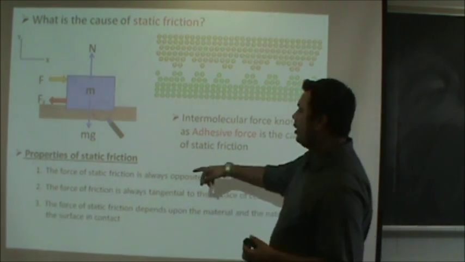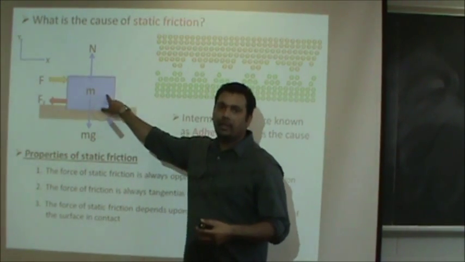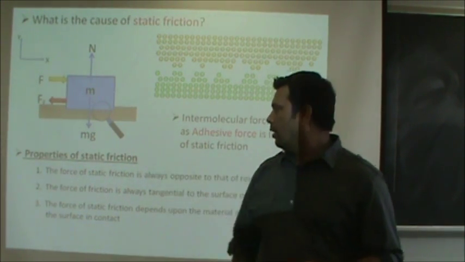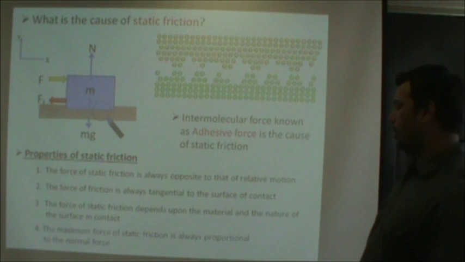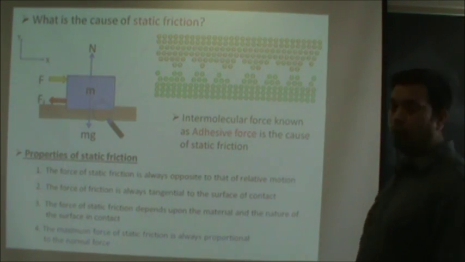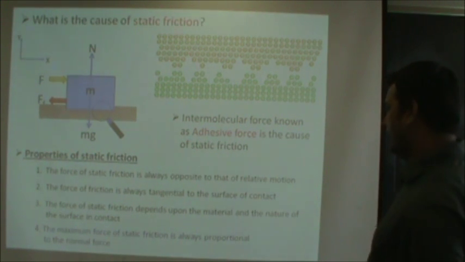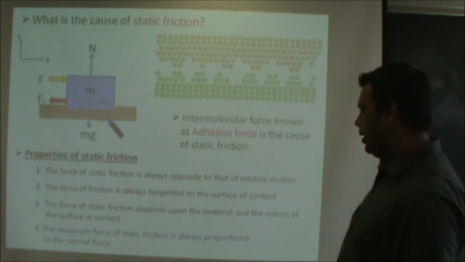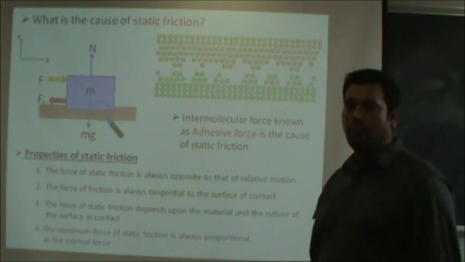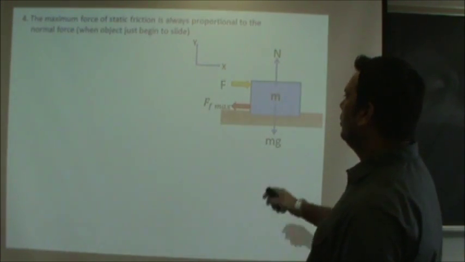If I change this material or this object, then the properties of friction will be different. And finally, but most importantly, the maximum force of static friction, F max, is always proportional to the normal force. We'll discuss this fourth point in more detail.